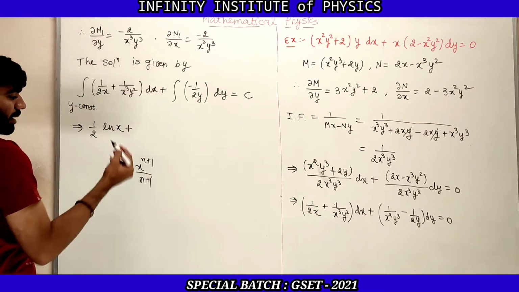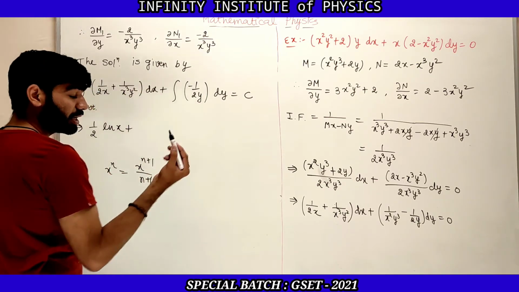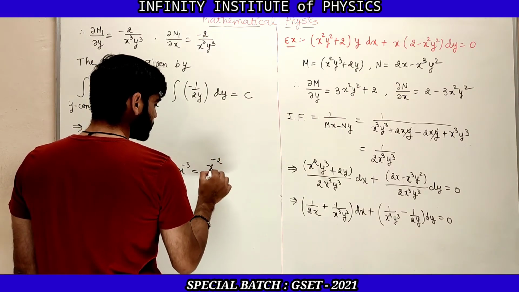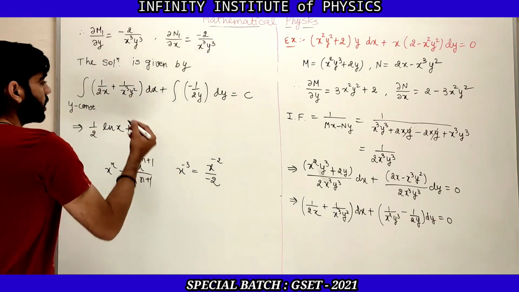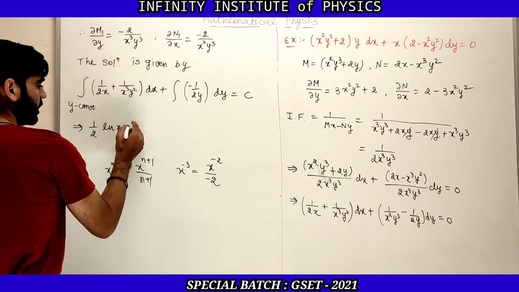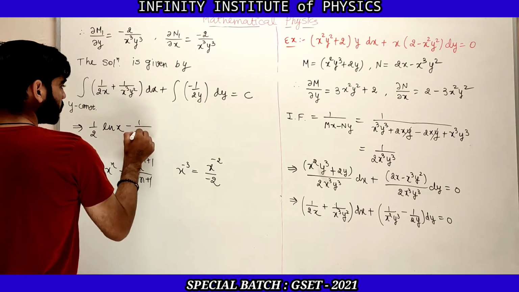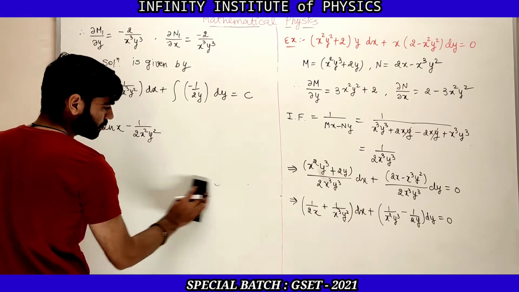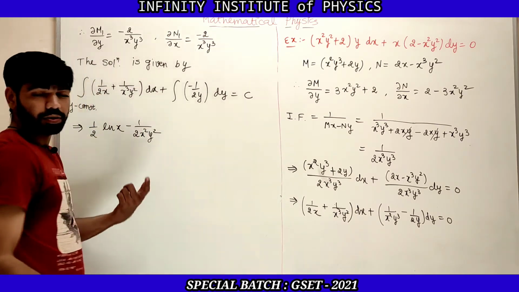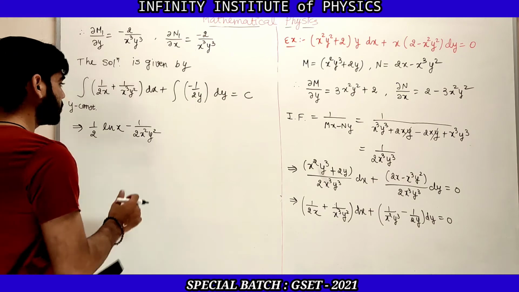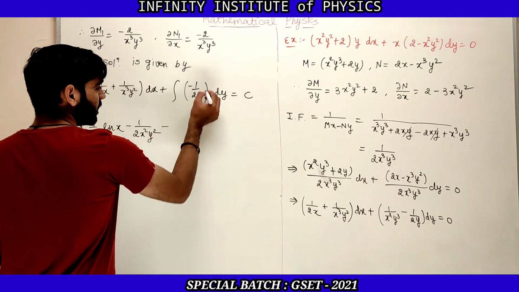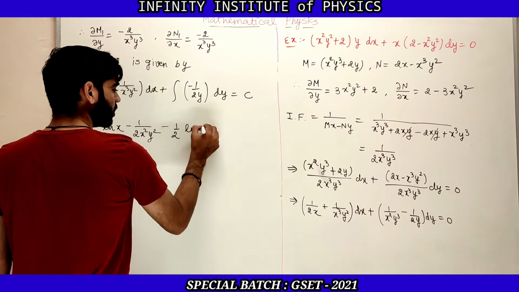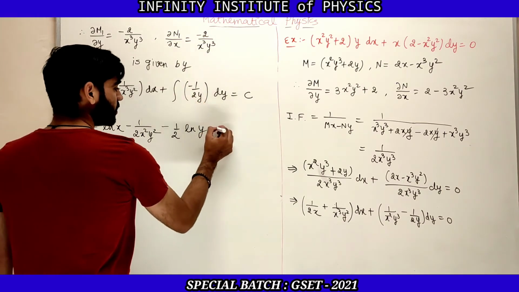Here 1 by x cube can be written as x raised to minus 3, so the integration will be x raised to minus 2 upon minus 2, and that's why it will be minus 1 upon 2 x square y square, because the term in the numerator I have taken to the denominator. And the integration of minus 1 by 2y is minus 1 by 2 ln y, which is equal to c.